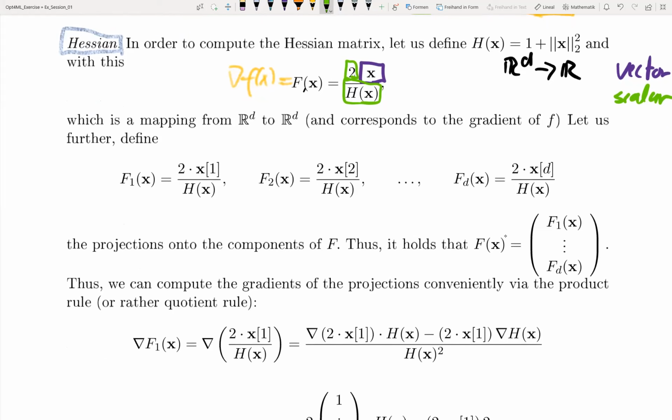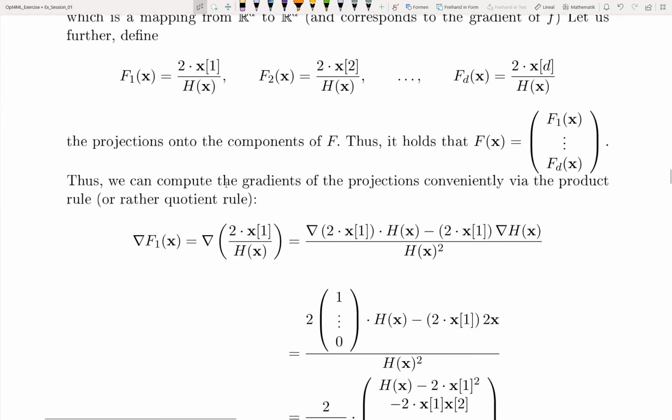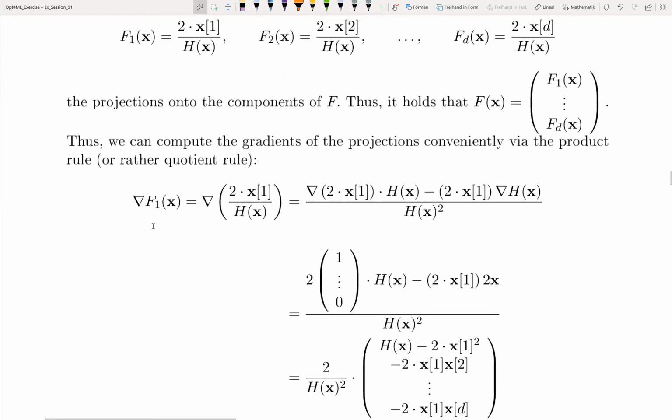All right, so we want to compute the gradients of these functions f_i. Now let's simply start with f1, f2 and so on will be quite similar.